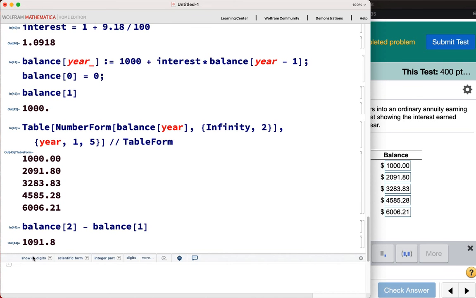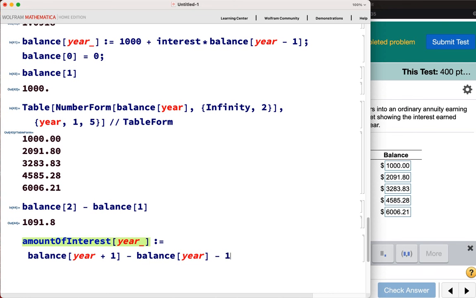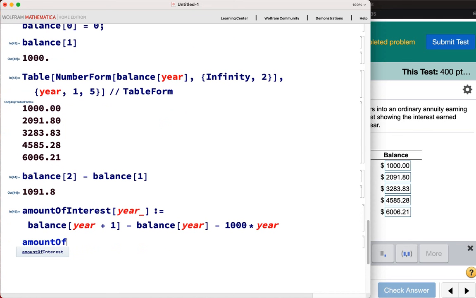So the amount of interest for any specific number, year, is actually going to be balance year plus 1 minus balance of year minus $1,000 times the year. Amount of interest for the first year.